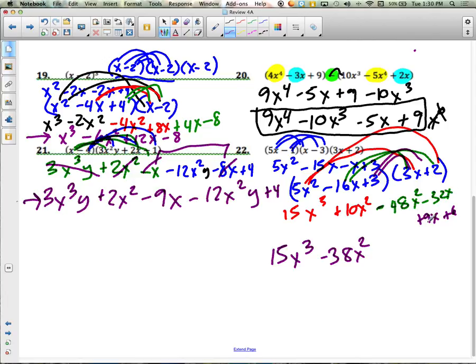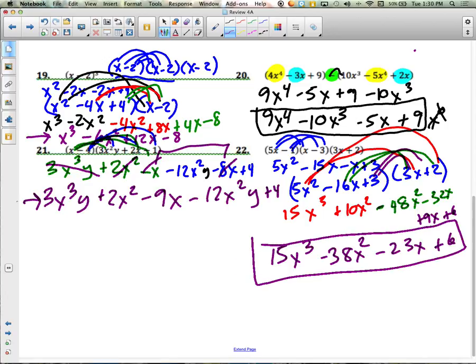Negative 32x plus 9x is negative, and then 32 minus 9 would be 23x, and then we have the plus 6 on the end. Notice that the exponents are 3, 2, 1, and then x to the 0, so they're in decreasing order. That's how we want to see the answer, so we are done.